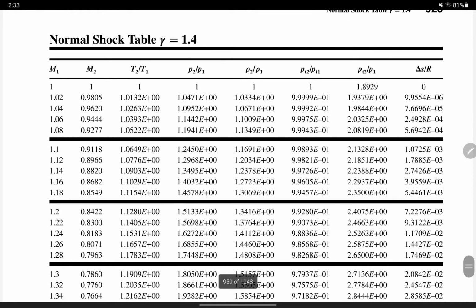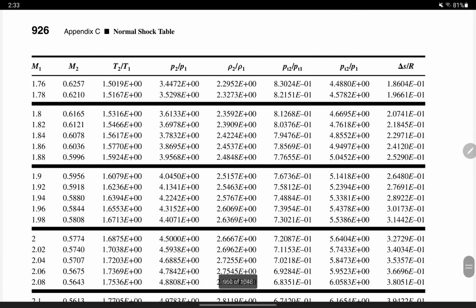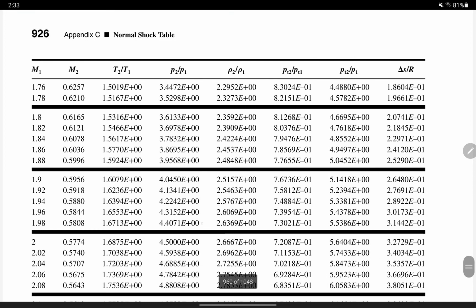For an incoming Mach number, let's say 1.98, the downstream Mach number, the Mach number after the shock wave, is given to you. The temperature ratio is also given to you. The pressure ratio is also given, and all of the other properties, right?